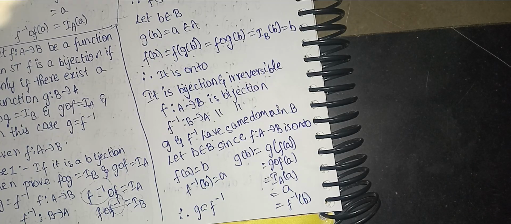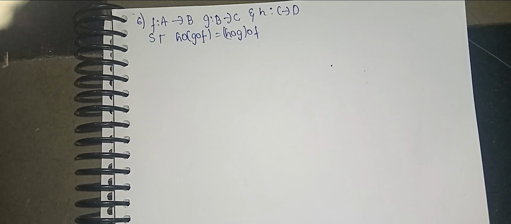I know it is difficult, confusing, but only this problem in functions is confusing. Other problems are way more easy than this. So please learn this. See, this is the sixth theorem.